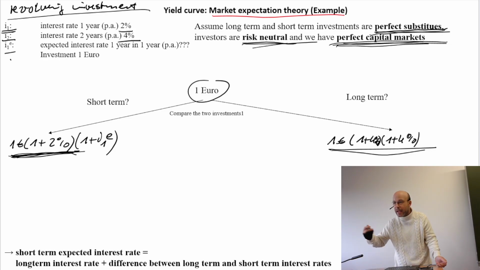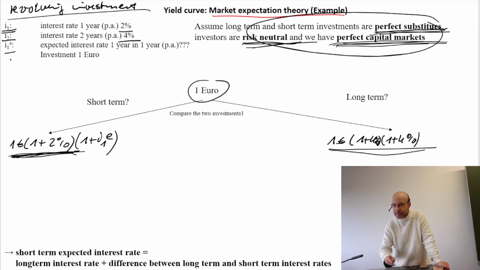We don't care about long-term or short-term, they are perfect substitutes, and we are risk neutral. So from these three assumptions, what must then happen? Yes, within this equilibrium process, they should be equal after some time.